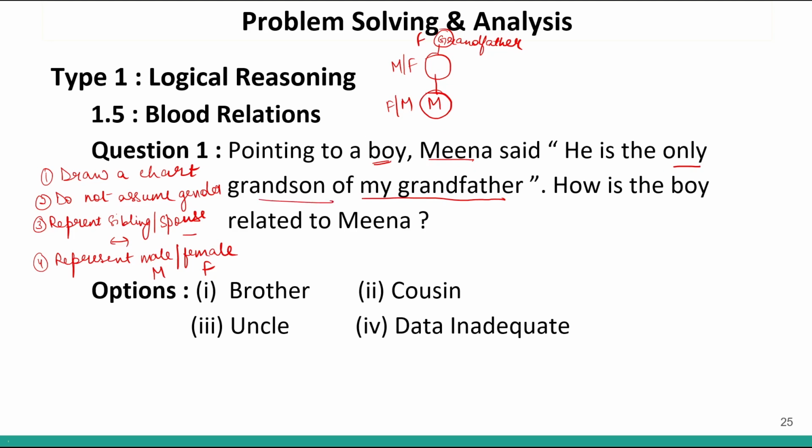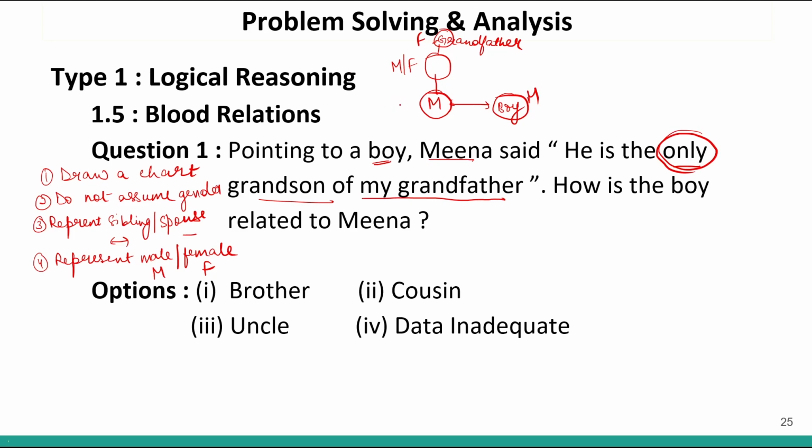So grandson of grandfather, from grandfather, this will be children, and children's children will be what? This is the boy, this is the son, he is a male, grandson of the grandfather, and he is the only grandson, so only one male child.